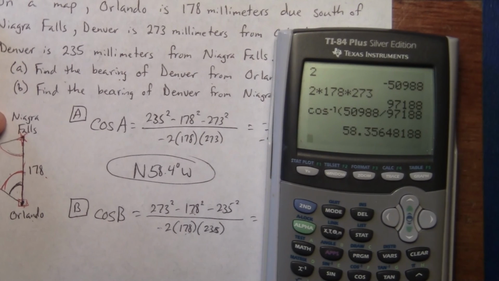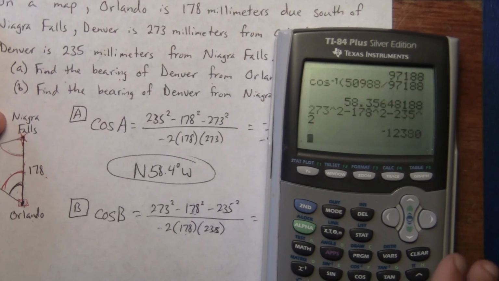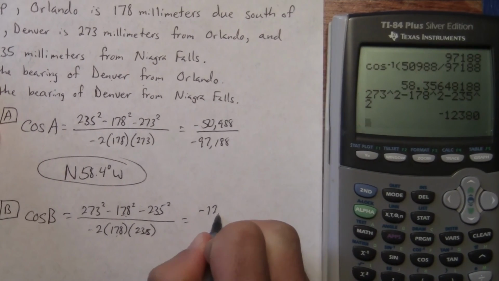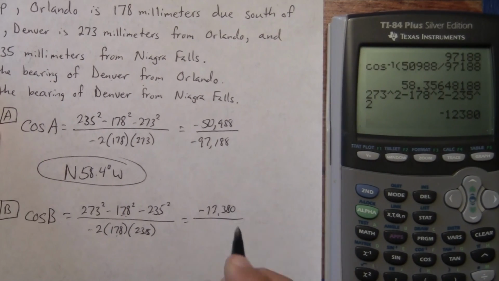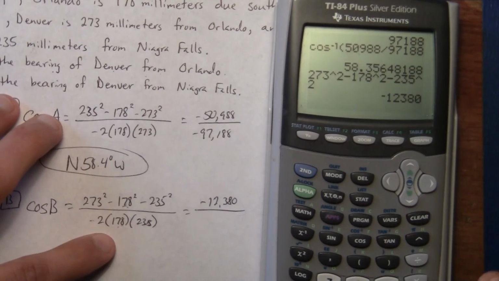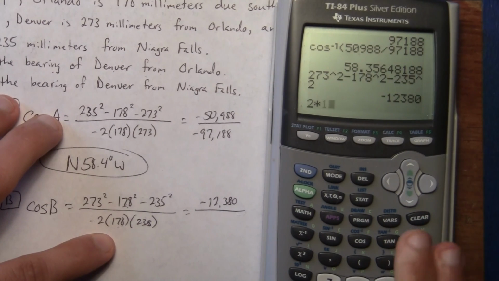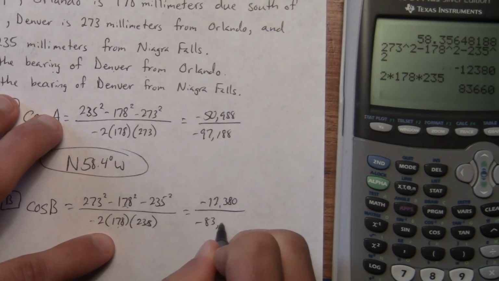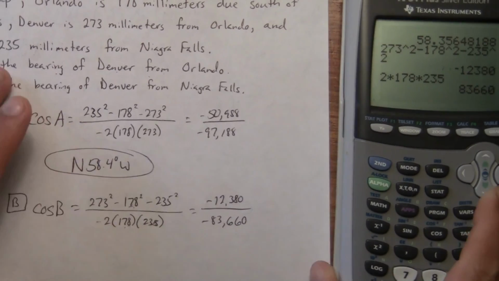So let's type in our calculator again, 273 squared minus 178 squared minus 235 squared, and that gives me negative 12,380 divided by negative 2 times 178 times 235, which is negative 83,660.